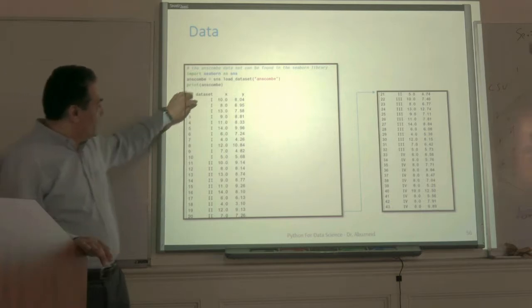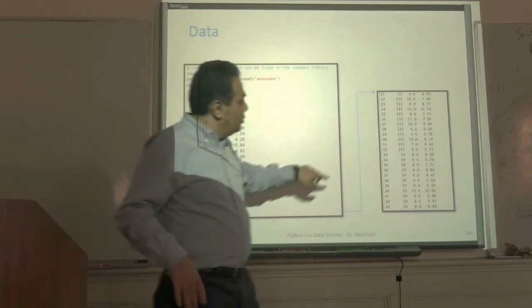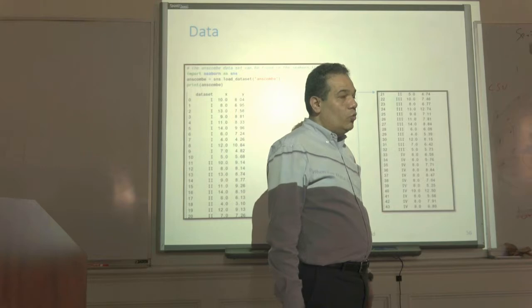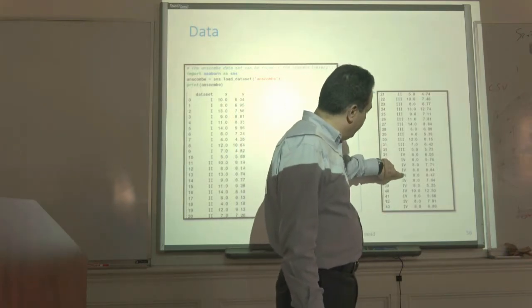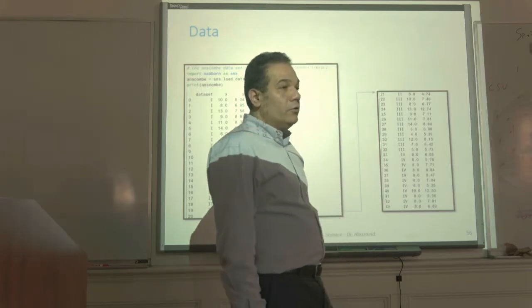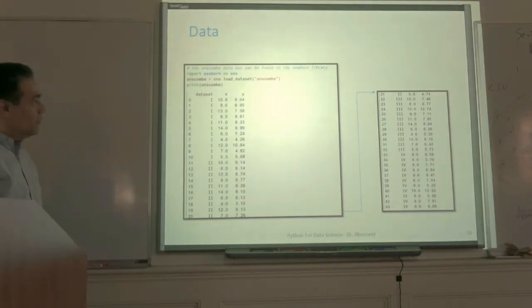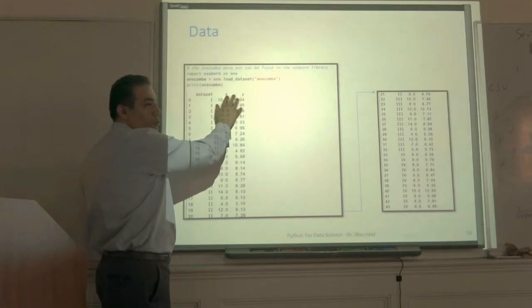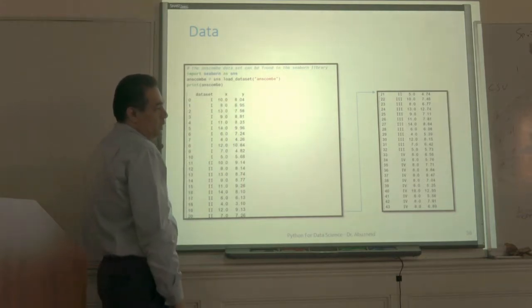The first set is called set 1, then set 2, set 3, and set 4. Each one of them has 11 elements, I think. 1, 2, 3, 4, 5, 6, 7, 8, 9, 10, 11. 11 times 4, 44. And each set has 2 attributes, x and y.